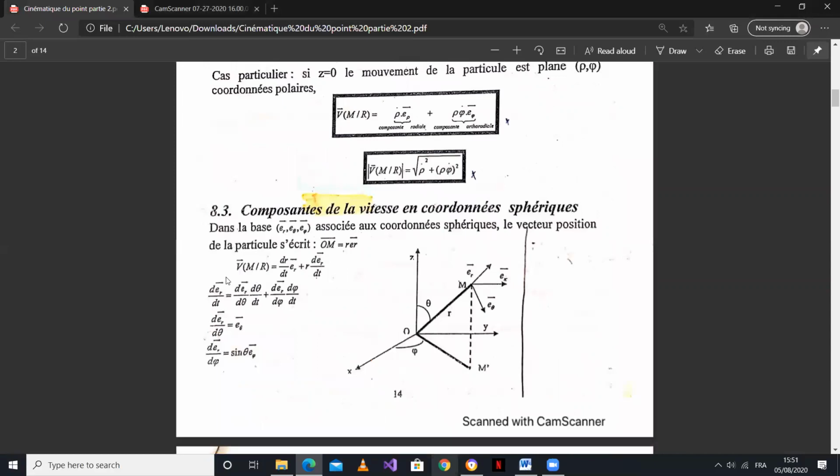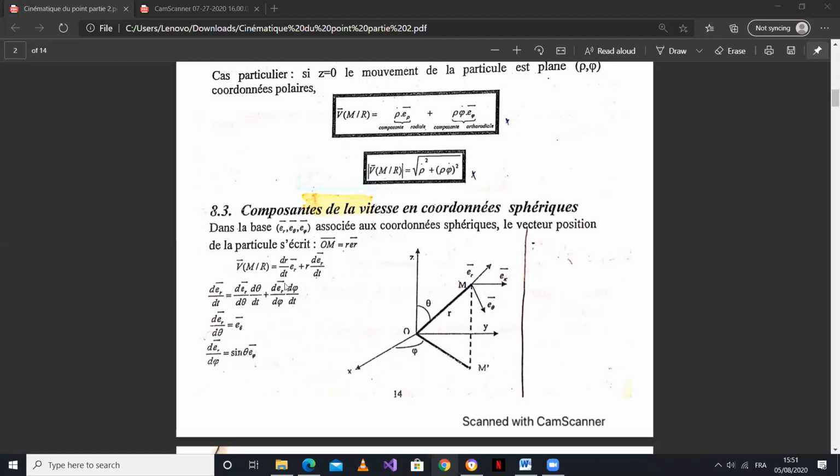That is how they found this one here: de_r/dt, we first broke it down into de_r/dtheta times dtheta/dt. And the derivative of e_r with respect to theta is given as e_theta.